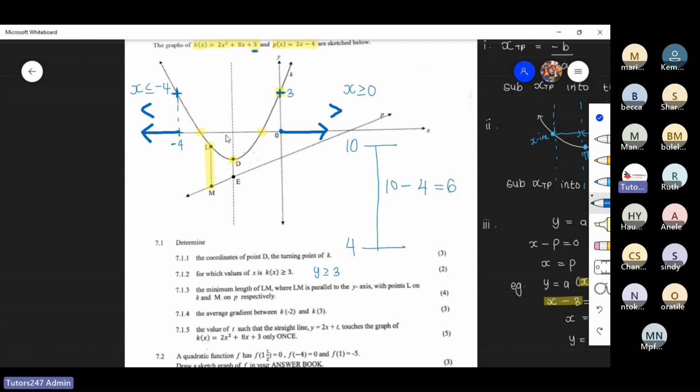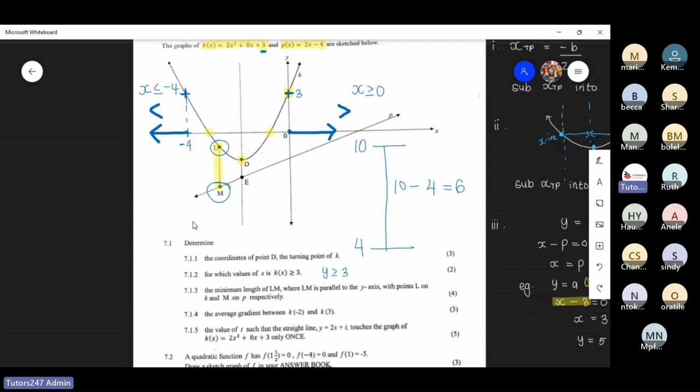So we're doing the exact same thing with this LM. We are subtracting the top y value minus the bottom y value. Keep in mind that k of x is a y value. So all we are now doing is saying the top y value minus the bottom y value. So k of x minus p of x.